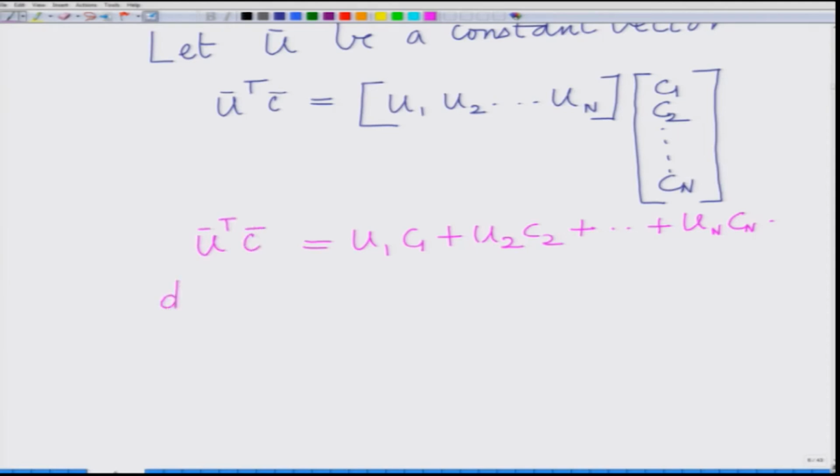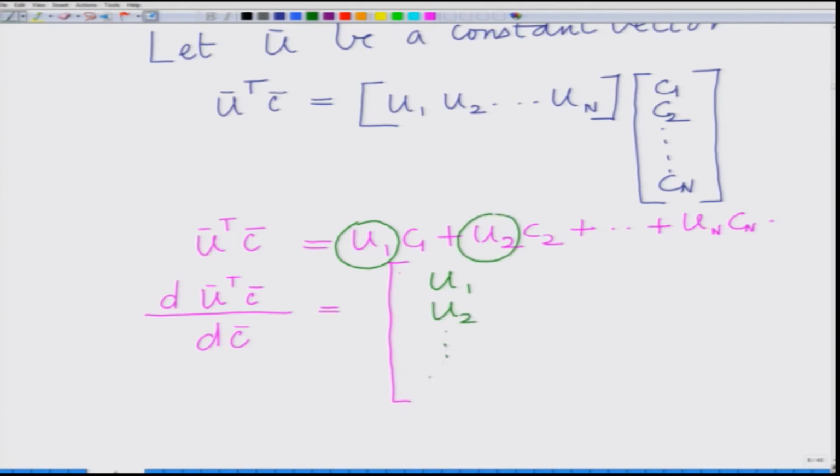Hence, the derivative of this quantity, u bar transpose C bar, with respect to the vector C bar, is nothing but the derivative with respect to C 1, which is u 1, with respect to C 2 the partial derivative will be u 2, and so on.